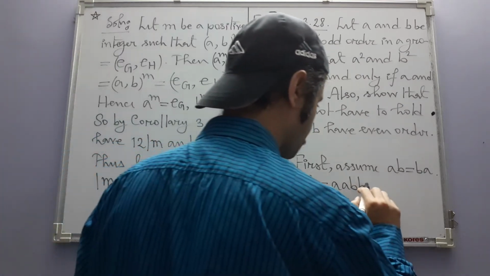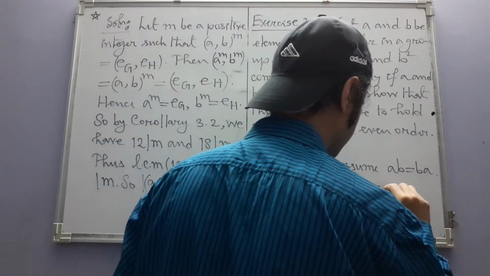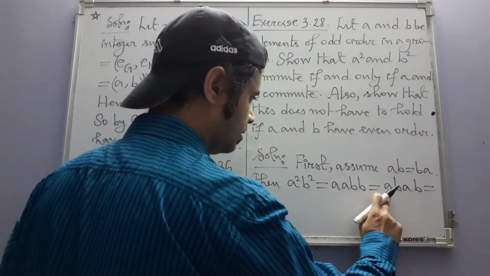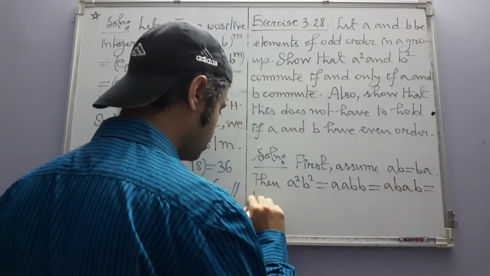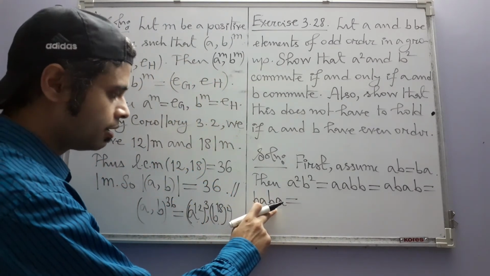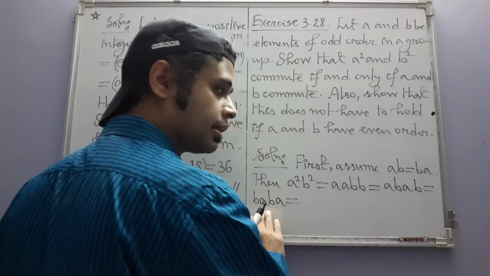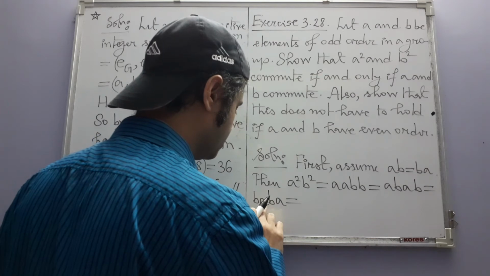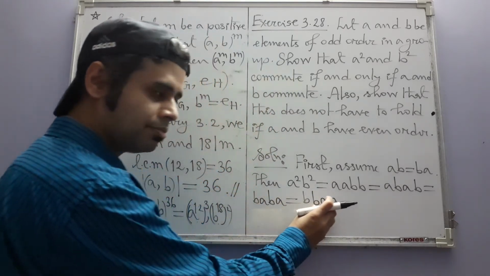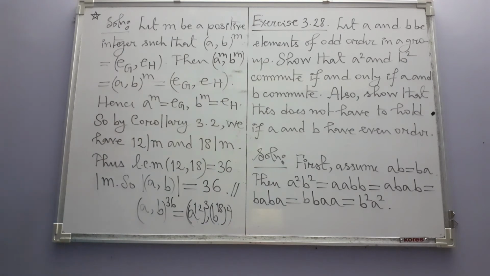A A B B. Now first of all, in place of this middle AB you can write BA, so you get A BA B. Then in place of these ABs you can write BA BA, and then again in place of this middle AB you can write BA, so B BA A. But this is B square A square, so A square and B square commute.